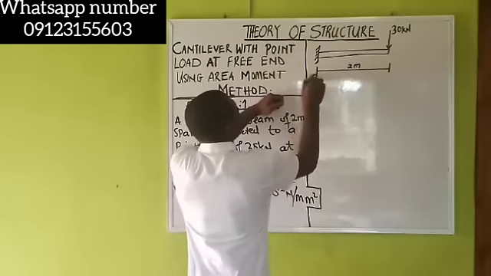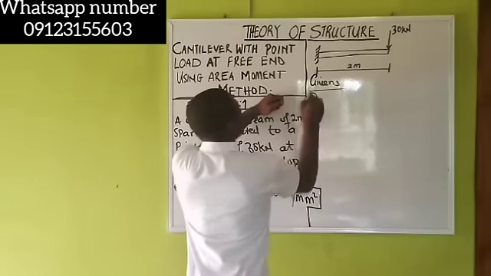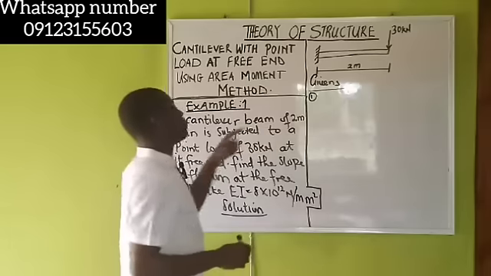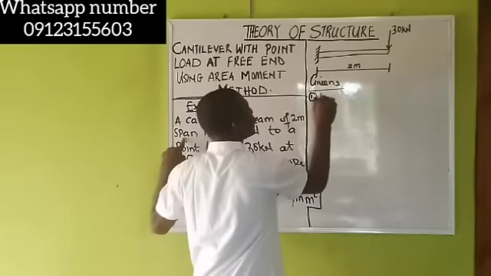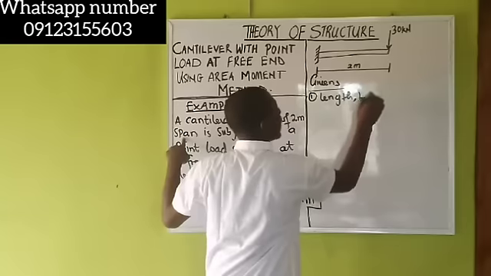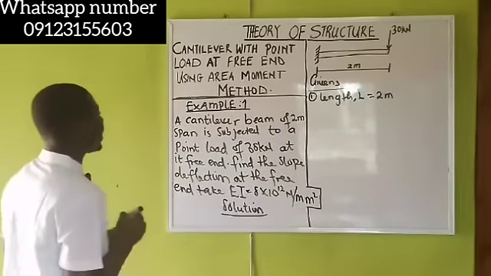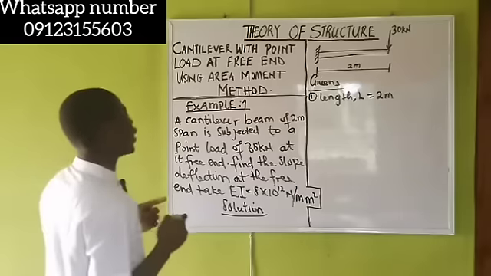So my givens. Number 1, I'm given the span, the length. Length L is going to be 2 meter. Next up, it is subjected to a point load of 30 kilonewton.